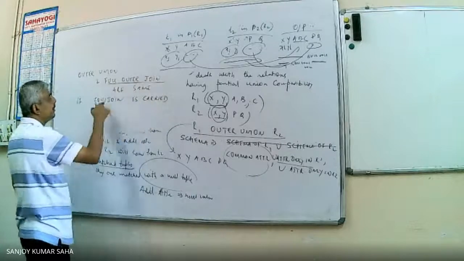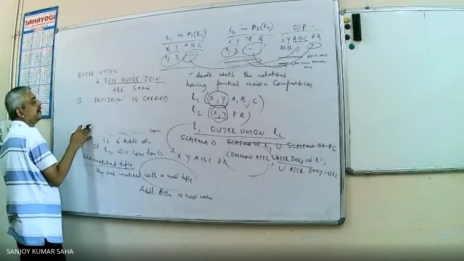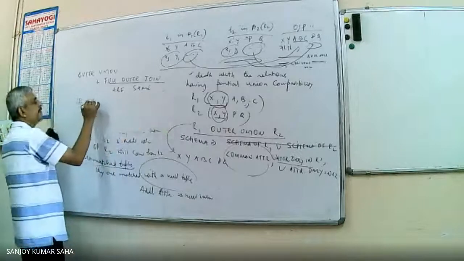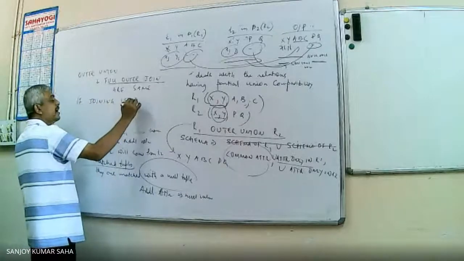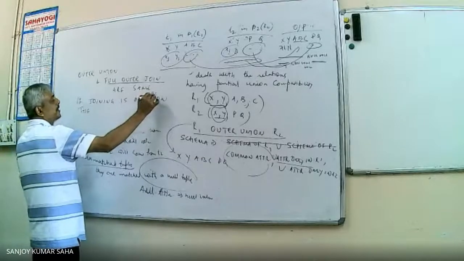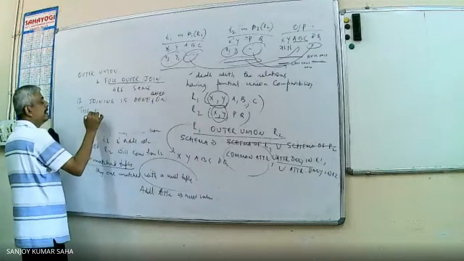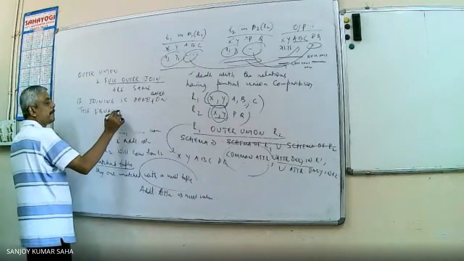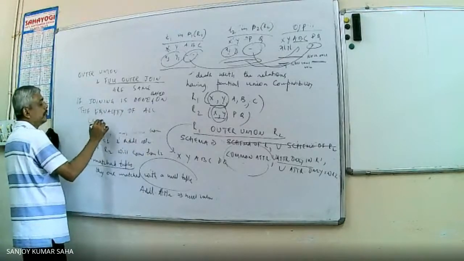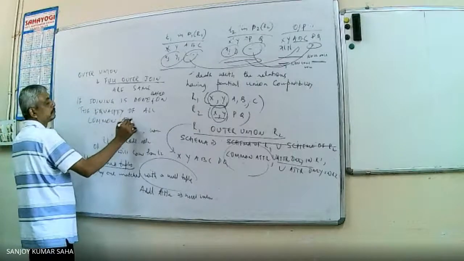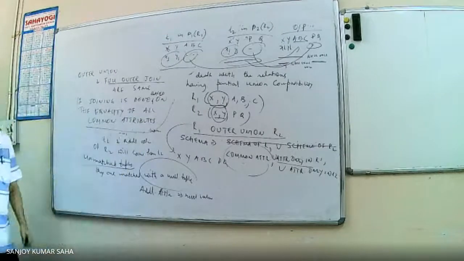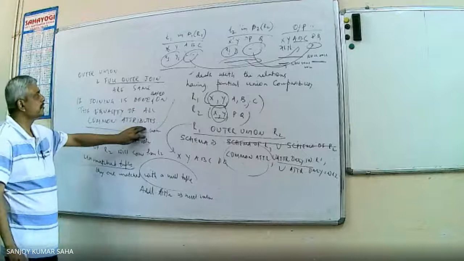This outer join will do some equijoin, that is, if joining is done based on the equality of all common attributes.